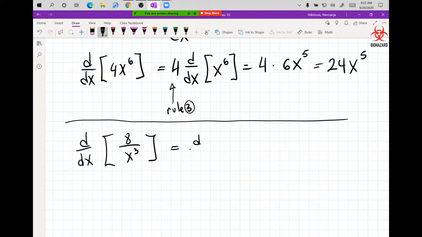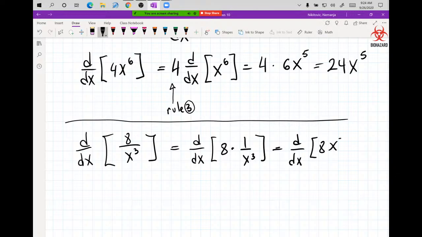So if you want to copy this, again, I am writing a whole bunch of these intermediate steps that you might be skipping later on. I'm going to say this is actually 8 times 1 over x cubed. I'm going to write the gory detail now. All of these things will probably happen in your head. And then you just jump to the end.